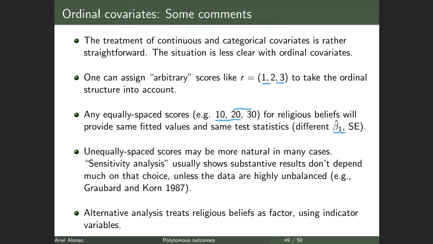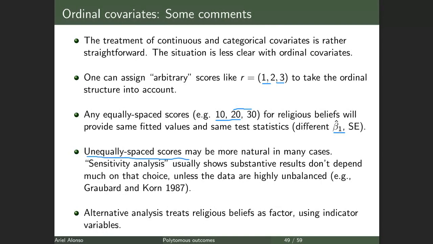Sometimes it may be reasonable to consider unequally spaced scores, because you may consider that the distance between a moderate and a fundamentalist is larger than the distance between a liberal and a moderate. If you think that, then you need to use unequally spaced scores.